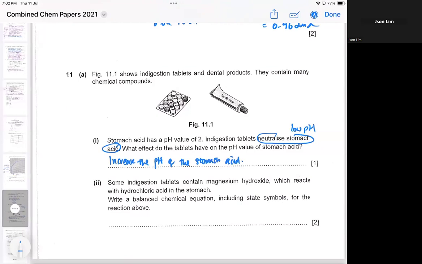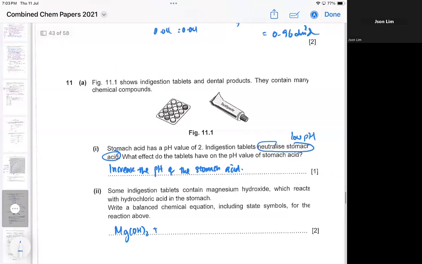Okay, so in this case, the question wants us to do magnesium hydroxide reacting with the stomach acid. The stomach acid is hydrochloric acid, so we just write HCl.